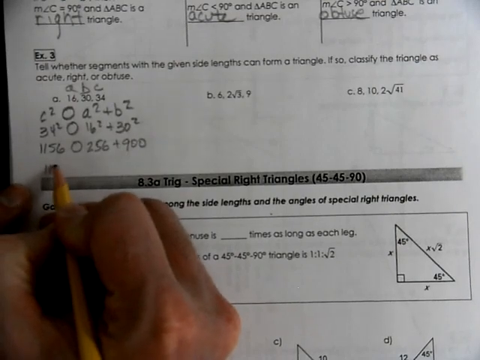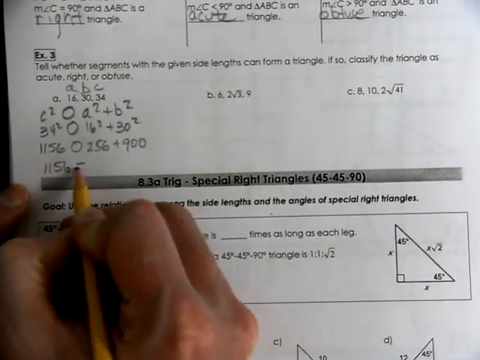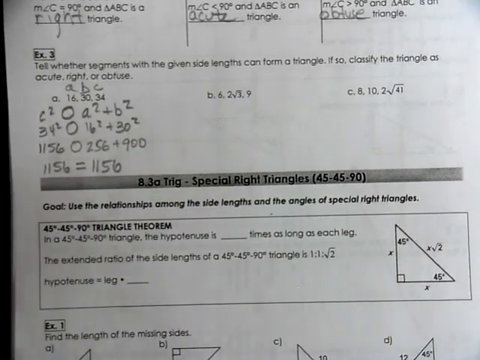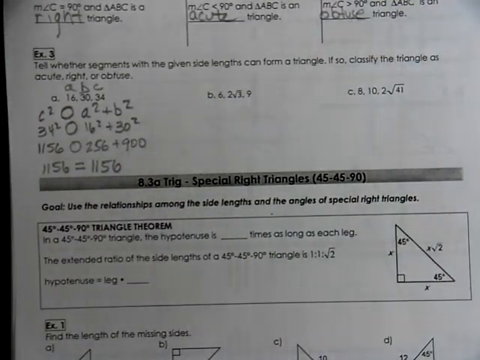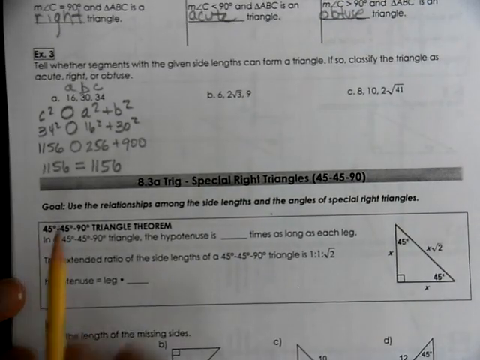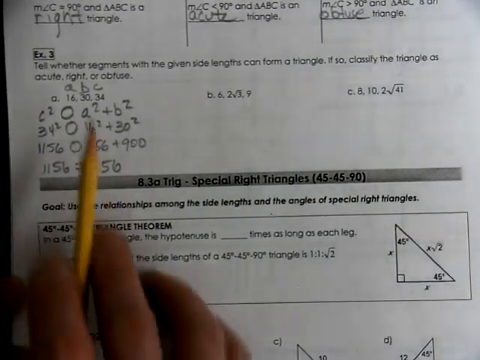So in this case, 1156 is going to equal 1156. Hey, they're the same numbers. So what type of triangle do we have? This gives us a right triangle.